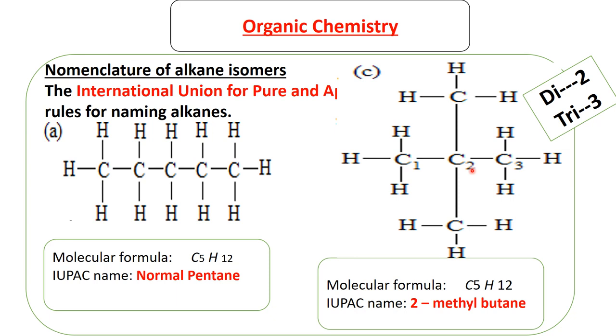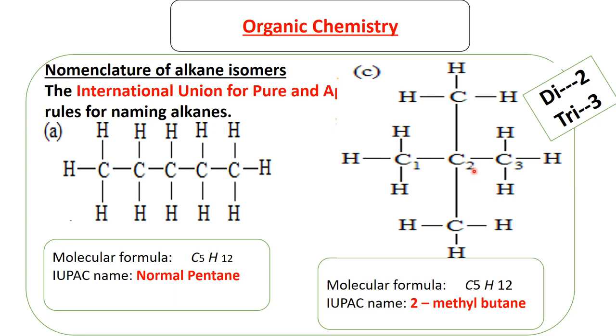If there are more than 1 number, you separate them by commas. So for this compound, since this is on 2 and this is on 2, it's 2,2-dimethyl. Then the main chain is propane.